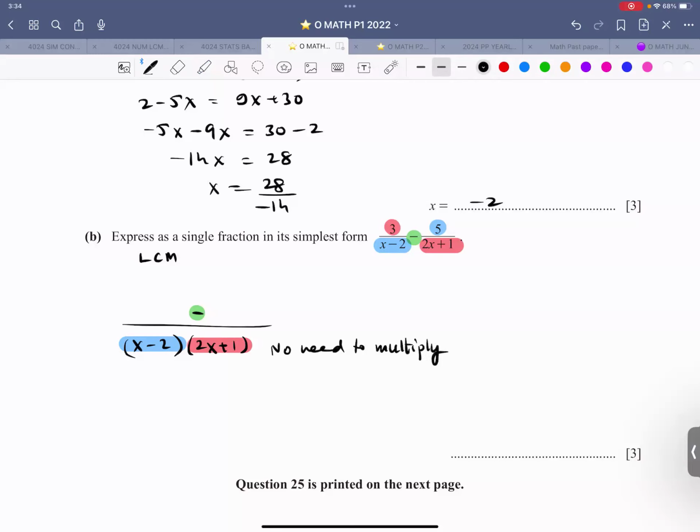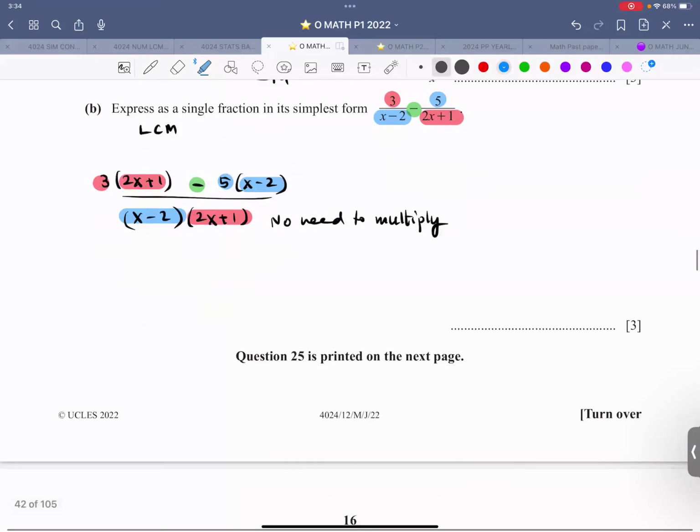Yes, we will simplify the numerator, definitely. 3 into 2x plus 1 minus 5 into x minus 2. Again, let me use the marker. So therefore, 3 into 2x plus 1. This is 5 into x minus 2. Now simplify the numerator. So therefore, the numerator is 6x plus 3.